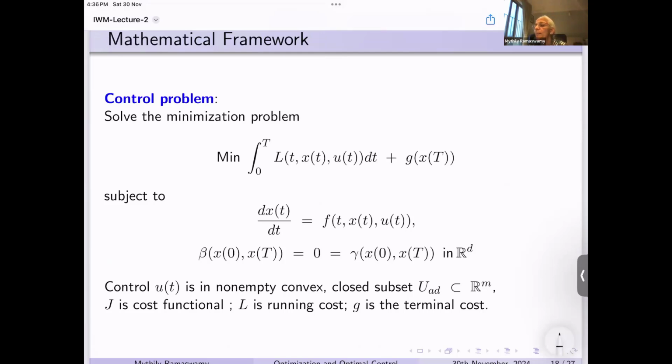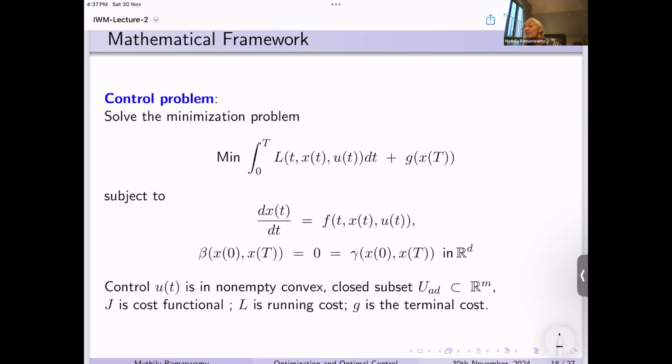This is the motivating example. So a general problem will be to minimize or maximize the integral from 0 to T of L(t, x(t), u(t)) dt plus g(x(T)), subject to the constraints dx(t)/dt equals the dynamics given by f(t, x(t), u(t)). u(t) is the control. And with some boundary and initial conditions, beta of x(0), x(T) is 0, gamma of x(0), x(T) is 0 in R^d.